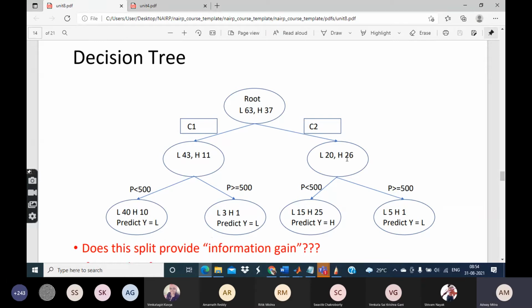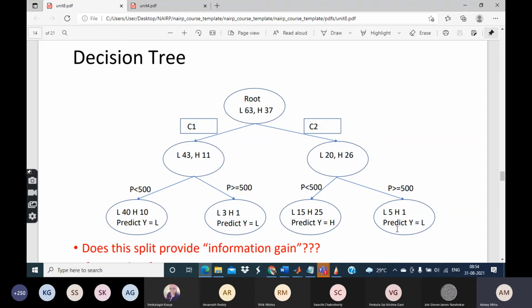But among the ones with company C2, if we now further break it up into the low cost ones and the high cost ones, can we predict better? It turns out that yes, we can. Those elements which are from company C2 and which are costly usually get low ratings.